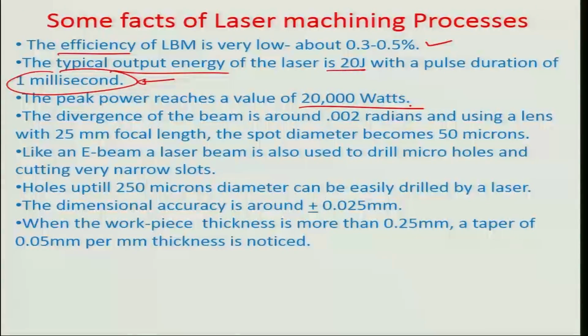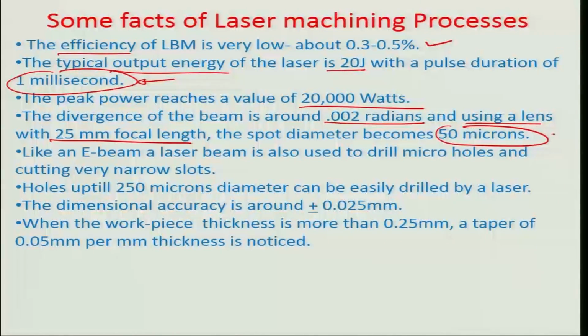The divergence of the beam is very small because it's a highly parallel source of light that comes out. So you have a mirror to direct the light outside the lasing medium. You have an overall divergence of 0.002 radians using a lens with about 25 mm focal length.